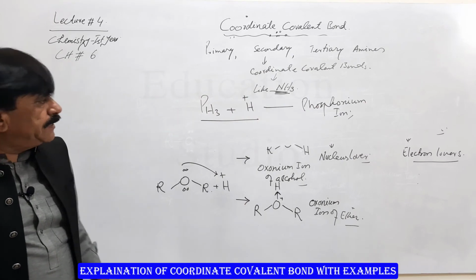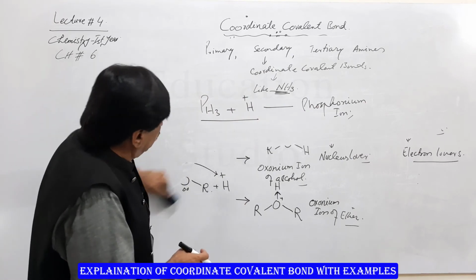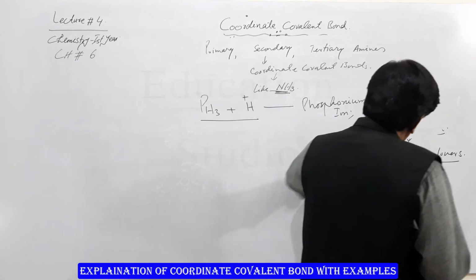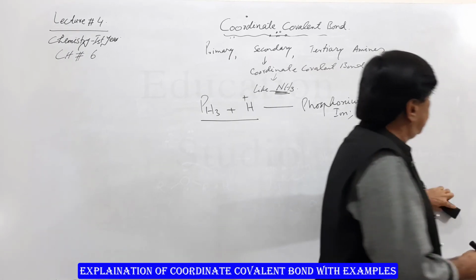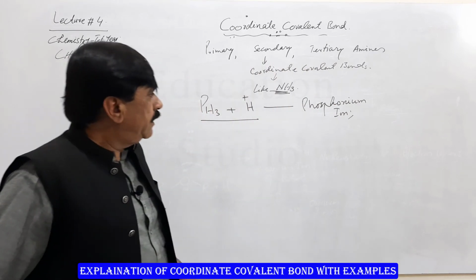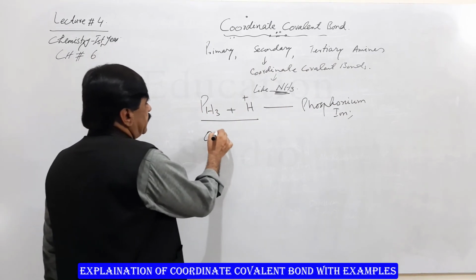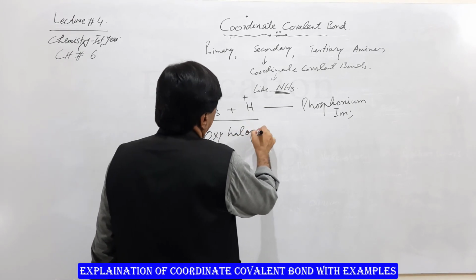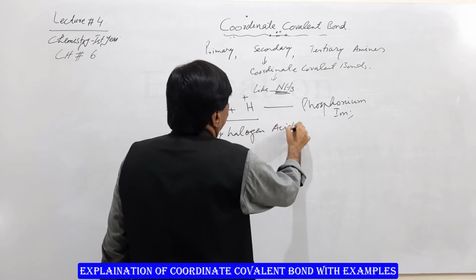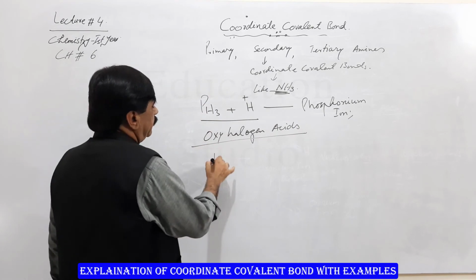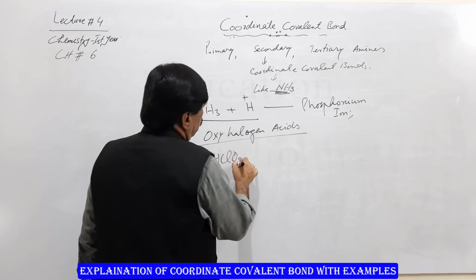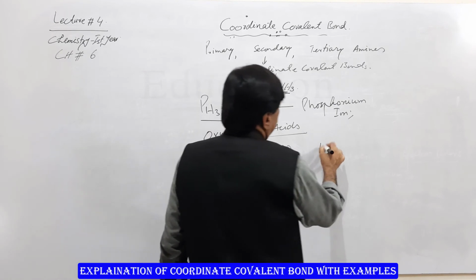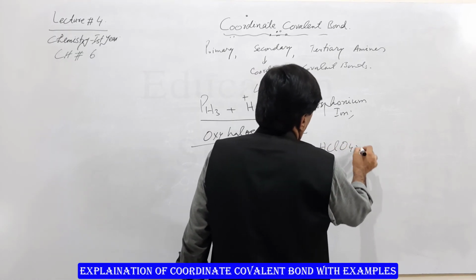Other examples for the formation of coordinate covalent bonds are the oxyhalogen acids, like HClO2, HClO3 and HClO4.